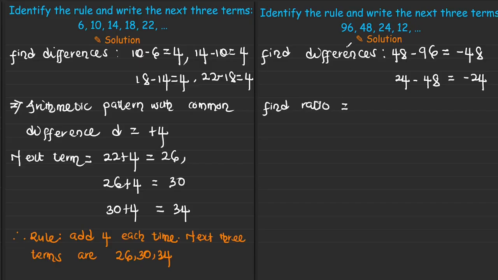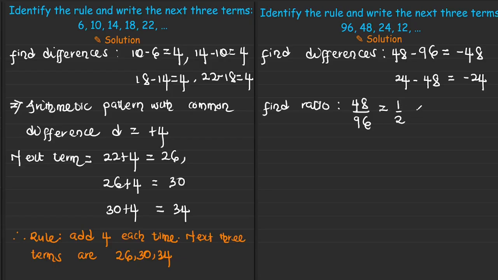For the ratio, it is also the same procedure. This one divided by this, then the third term divided by the second term, then the fourth term divided by the third term. That is to say, we have 48 divided by 96. That gives us 1 over 2.